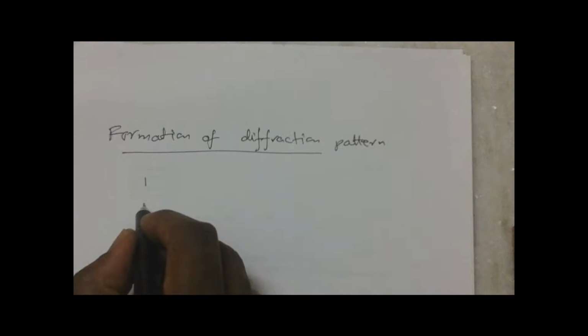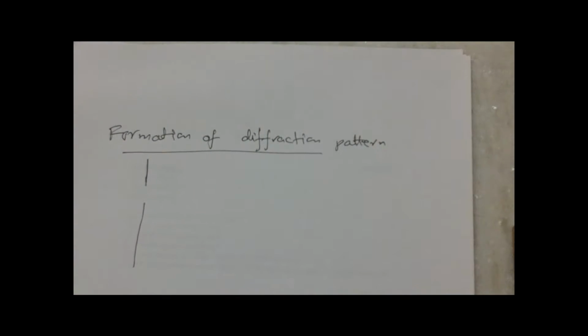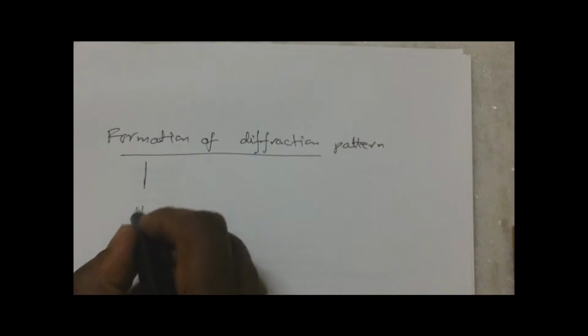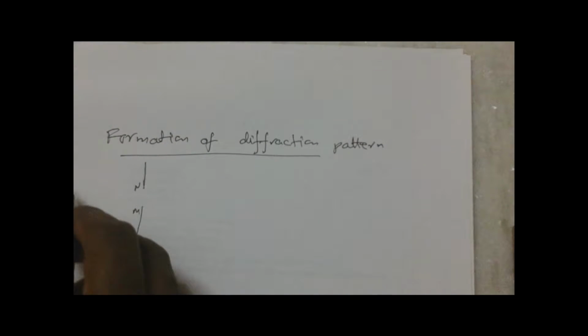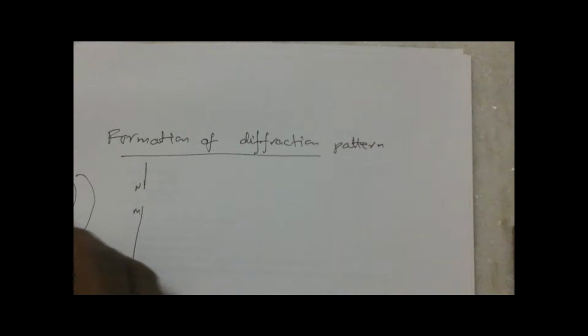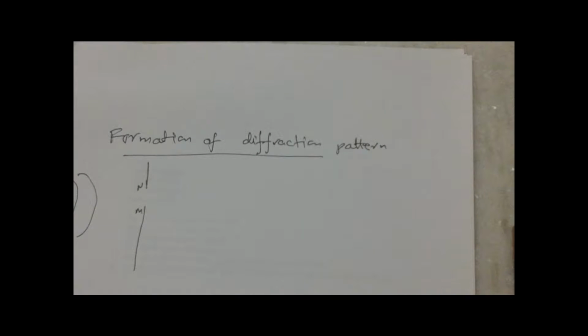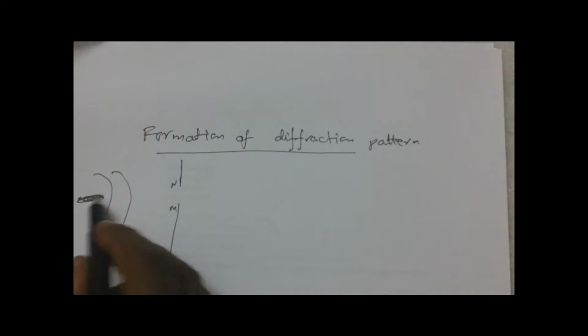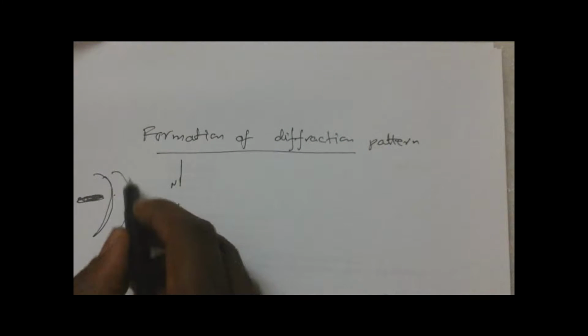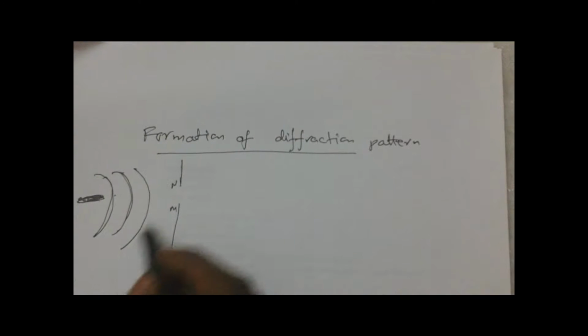Now I am going to explain how the diffraction pattern is forming. First we take a small slit or edge over here. The light ray is coming from the source like this, as spherical or cylindrical wavefronts.